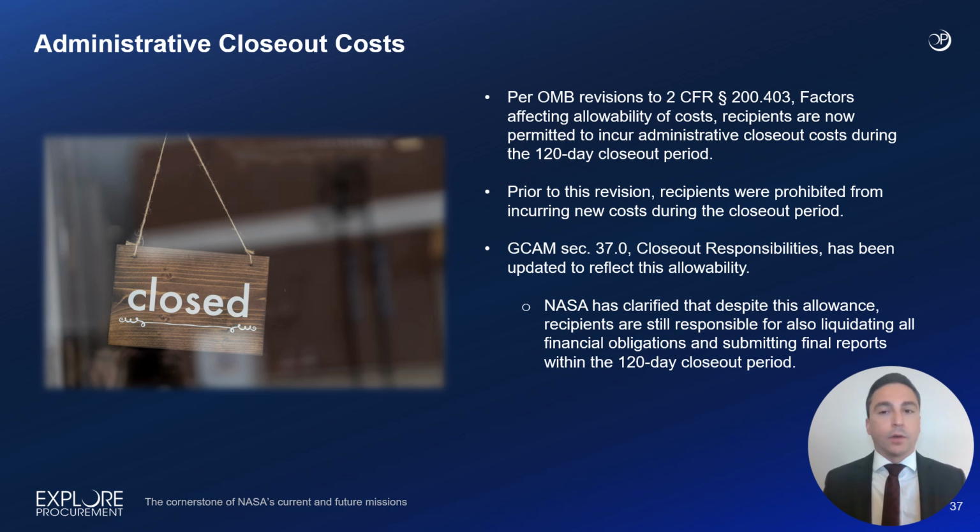Prior to this revision, recipients were prohibited from incurring new costs during the 120-day period. GCAM Section 37 has been updated to reflect this new cost allowability. However, NASA has also noted in the GCAM that despite this allowance, recipients are still responsible for also liquidating all financial obligations and submitting final reports within the 120-day closeout period.